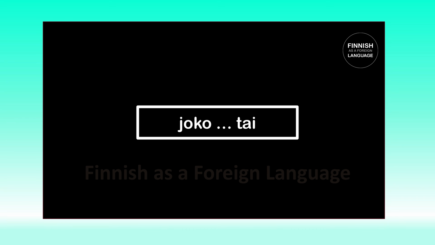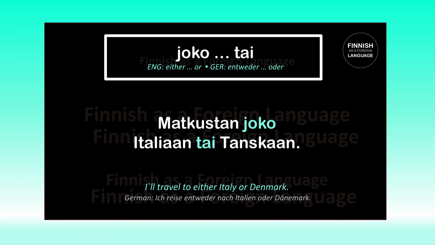Next one, number 2, joko tai means either or. For example, matkustan joko Italiaan tai Tanskaan. I travel to either Italy or Denmark. Let's go step by step. Matkustan is the first person singular present tense of matkustaa, which means to travel. Joko tai here is our linking pair, meaning either or.